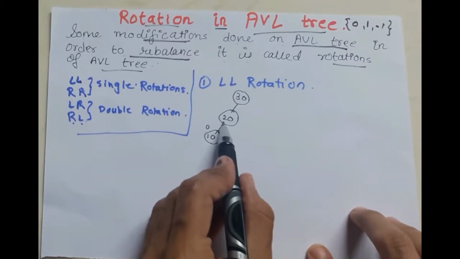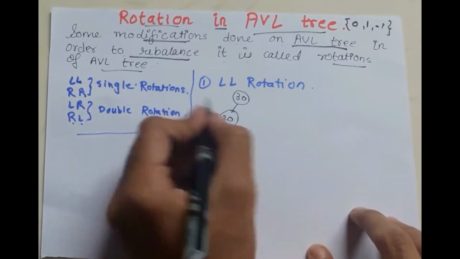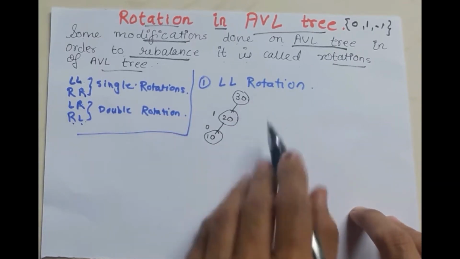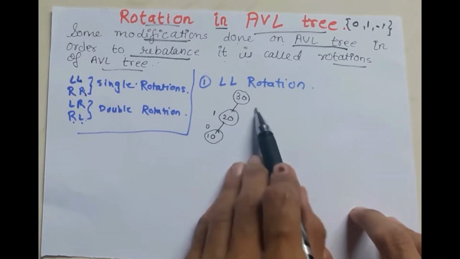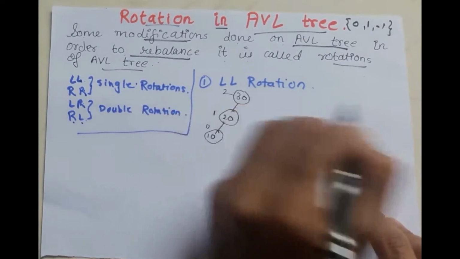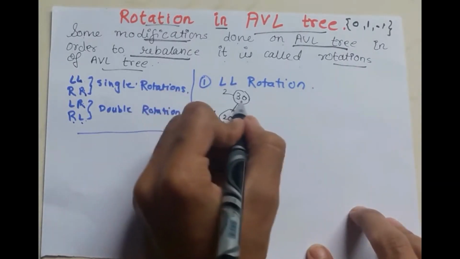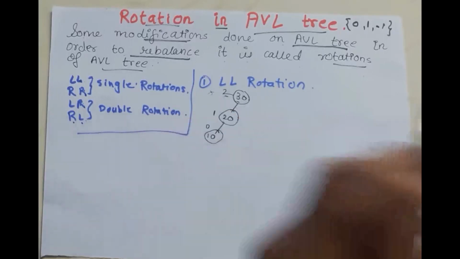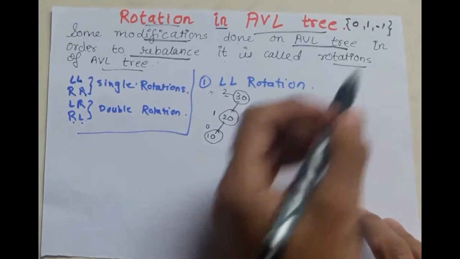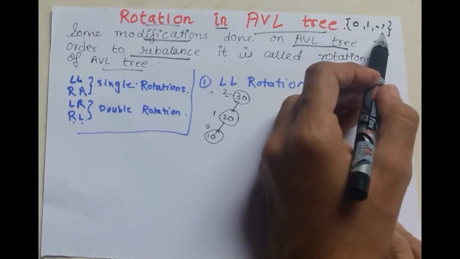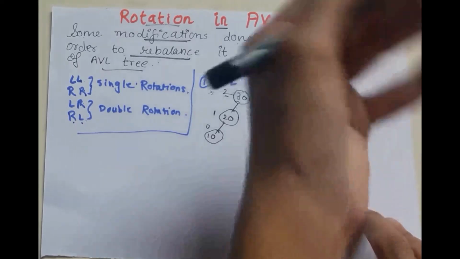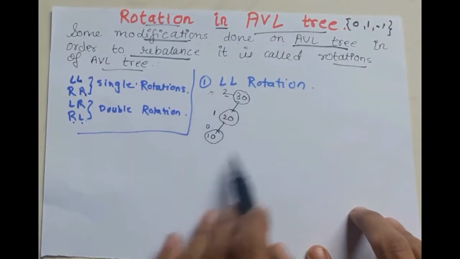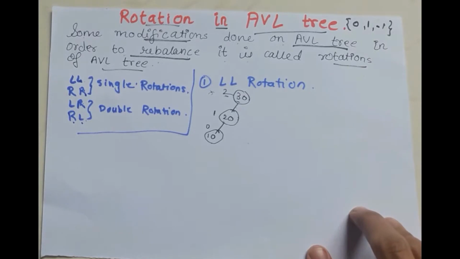Balance factor for 20 is 1 minus 0, that is 1. And for 30 it is 2 minus 0. So 2. So you can see that the node 30 has balance factor 2, which is not acceptable, isn't it? Because the balance factor should be either 0, 1 or minus 1. And if the balance factor is other than these three, then that tree is not balanced.